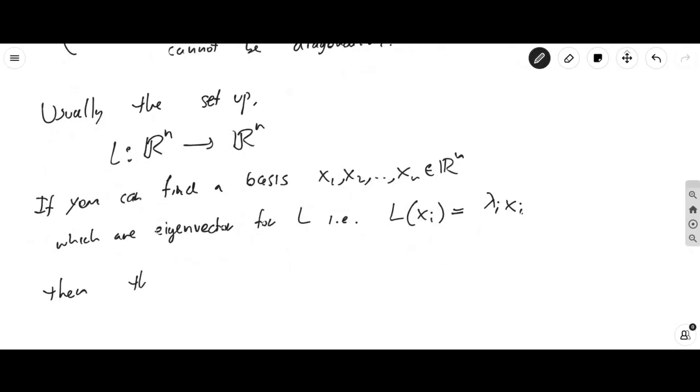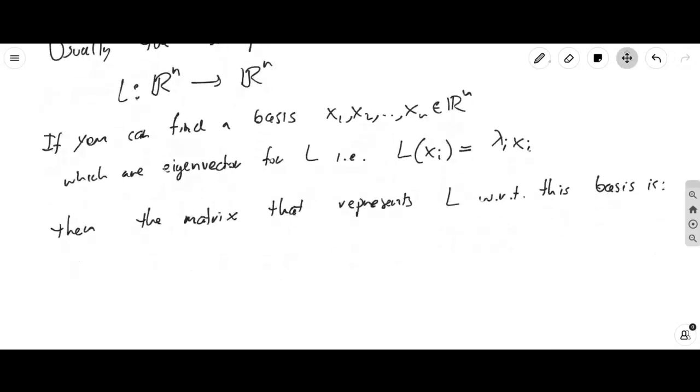Then the matrix that represents L with respect to this basis would be a diagonal matrix for the simple reason that if the rows represent one basis and the columns represent the other basis, look at what you're doing. You are applying L to this vector, and it's just a multiple of itself. So x1 gets mapped to lambda 1 times x1, because it's an eigenvector, it gets mapped to a multiple of itself.